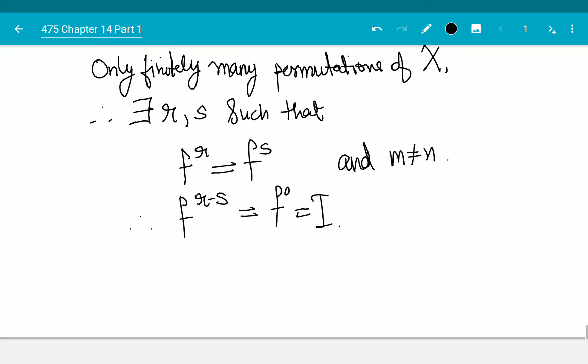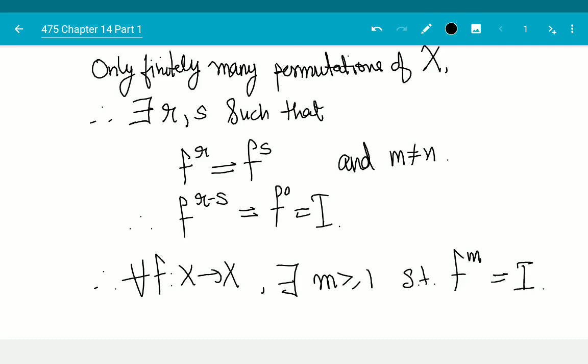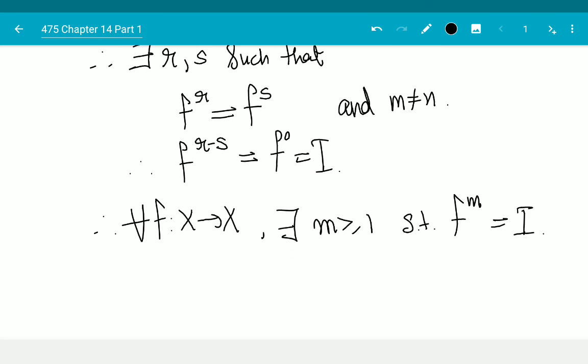So therefore, for every f from x to x, there exists some m greater than or equal to 1 such that f to the m is equal to identity. Okay, and so note f to the m minus 1 is equal to f to the negative 1. Okay, because what is f to the m minus 1? It is identity composed f to the negative 1, so that is just f inverse. Okay, let me stop this lecture here.